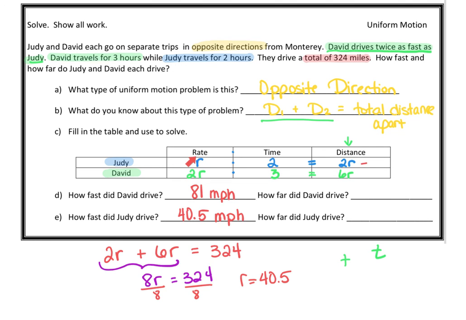I just solved for this. I know his time. How do I find his distance? You multiply his rate by his time. So we're going to take the 81 and we're going to multiply it by the 3 hours that he drove. David is 3. So how far did he drive?